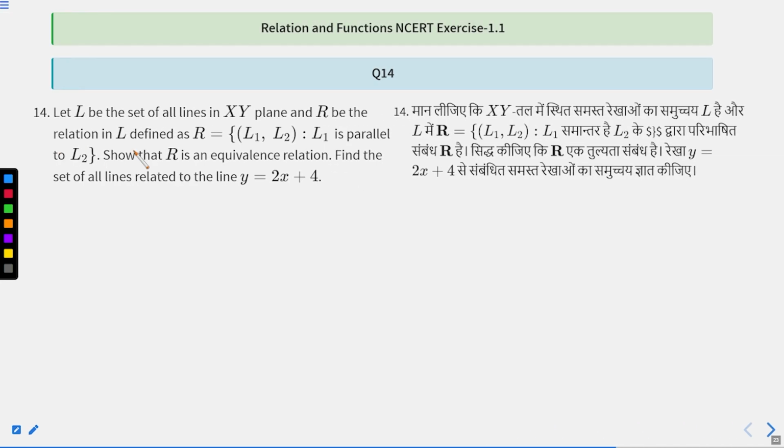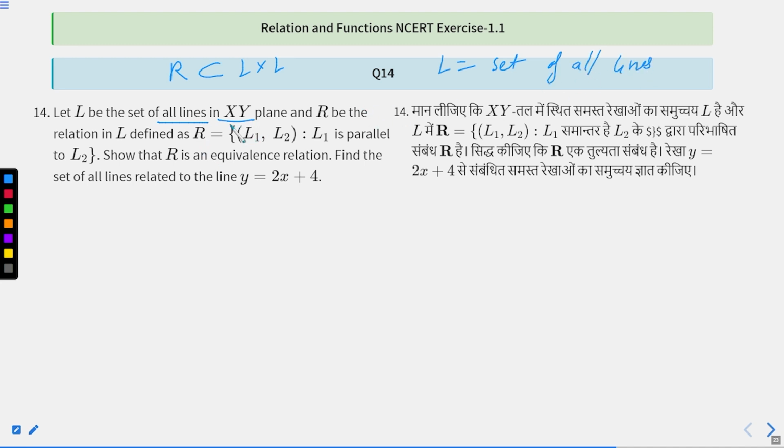Question number 14. What it says: let L be the set of all lines in the XY plane, and R be a relation in L. This means R is a subset of L cross L. L is the set of all lines.